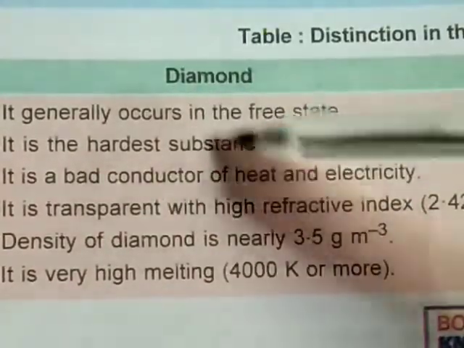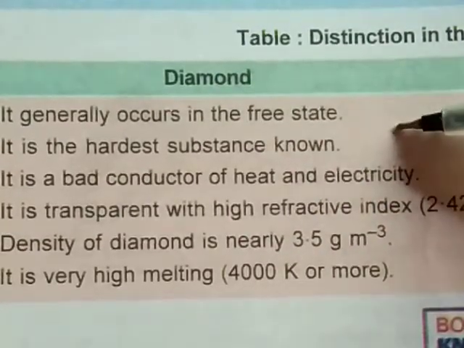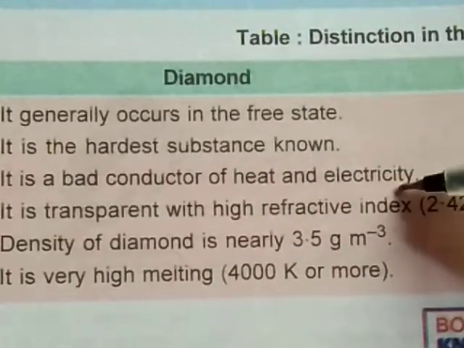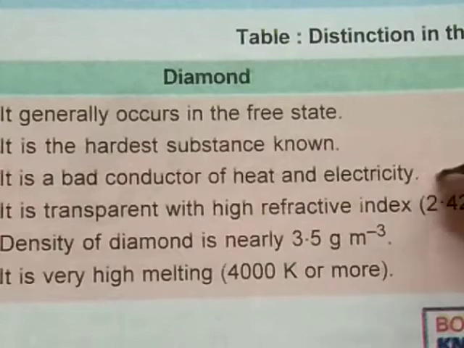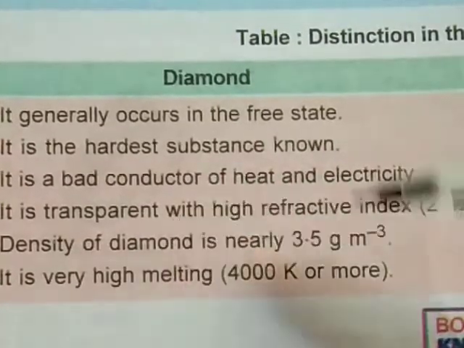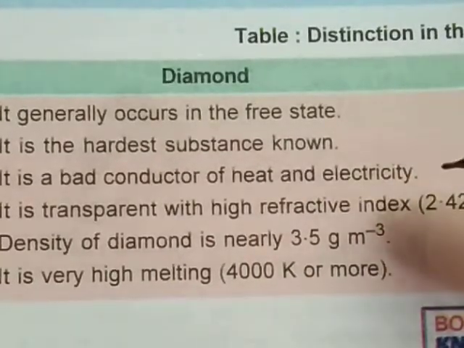Diamond is the hardest substance, but graphite is soft and greasy. Diamond is a bad conductor of heat and electricity. Graphite is a good conductor of heat and electricity. Diamond is transparent with high refractive index. Graphite is opaque.